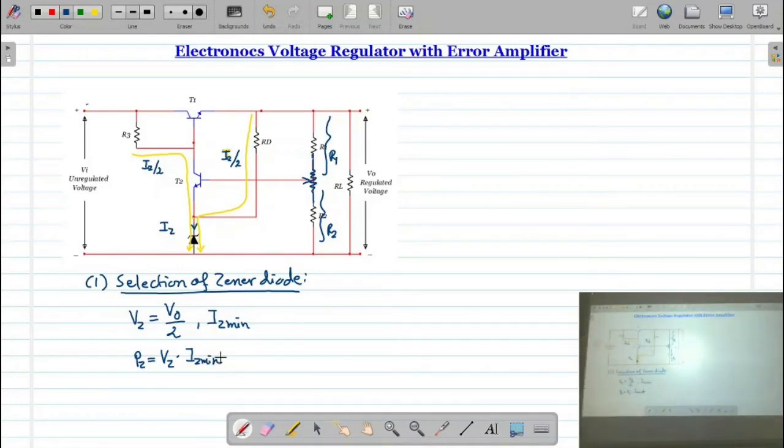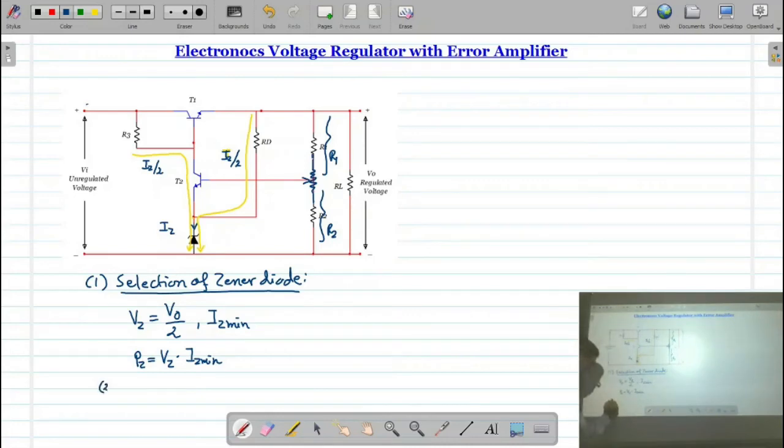Correct? So when you are selecting the Zener, you should also know the power dissipation, because in the market the Zeners are available with different power dissipation capacities. Okay. So this is about the selection of the Zener.